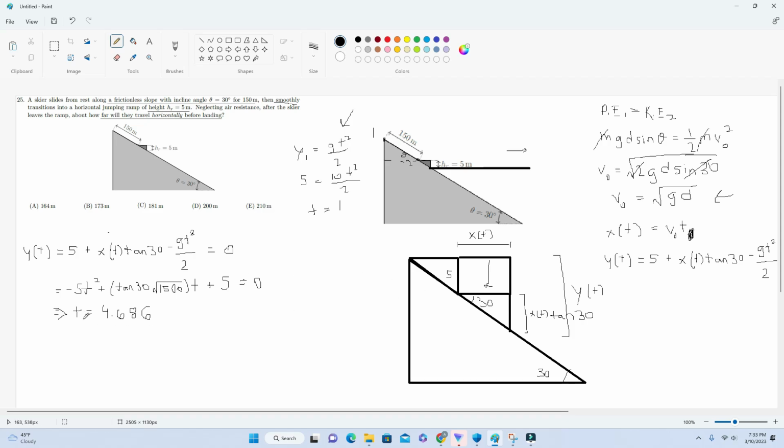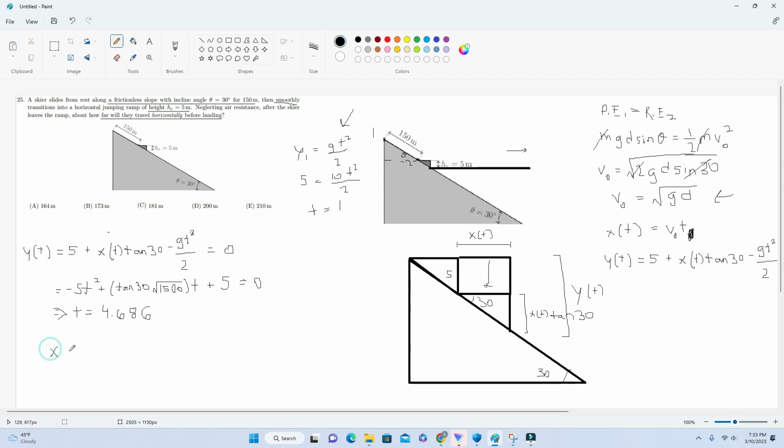So now we got our t impact, right? This time is when the skier will hit the ramp. But it's still not the end of the game, right? Because we need to figure out how far they travel horizontally. But now we have almost all the information we need, right? We have our v0 and we just computed our t final.